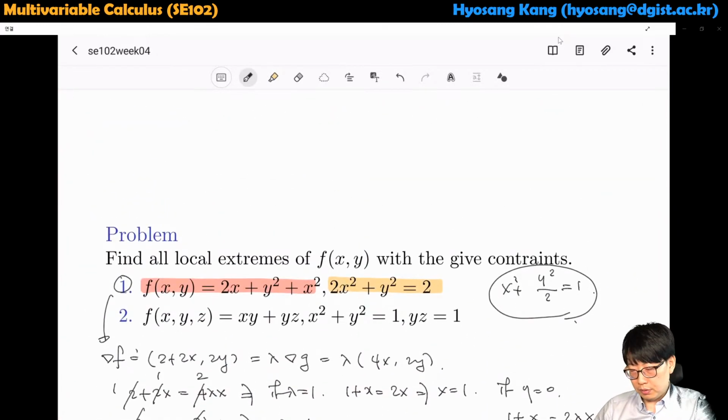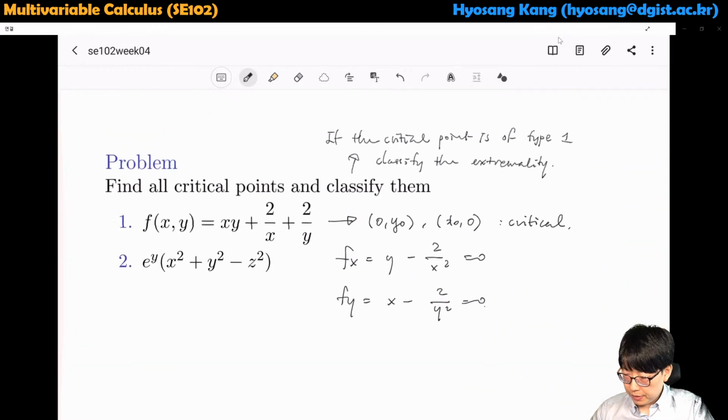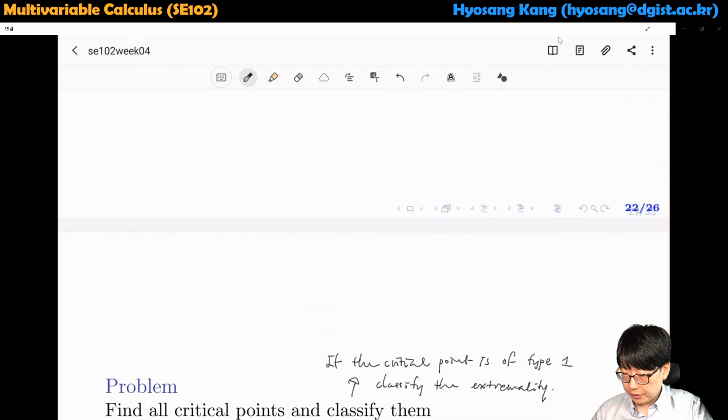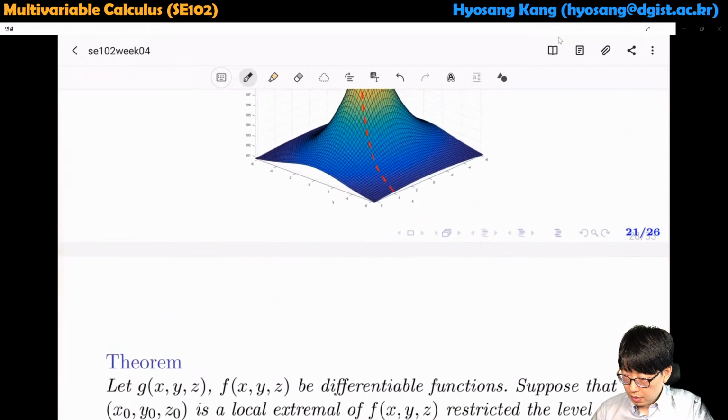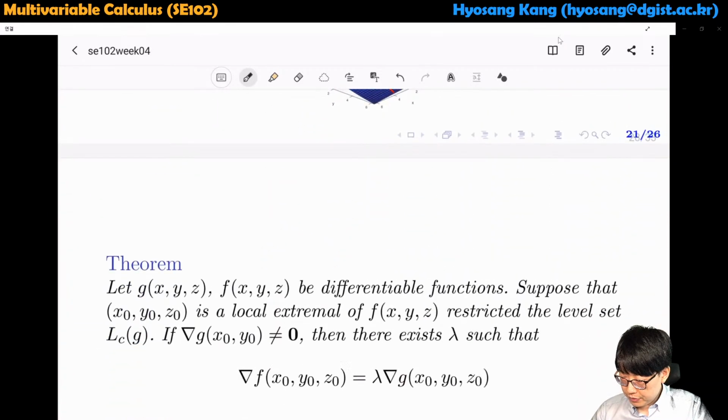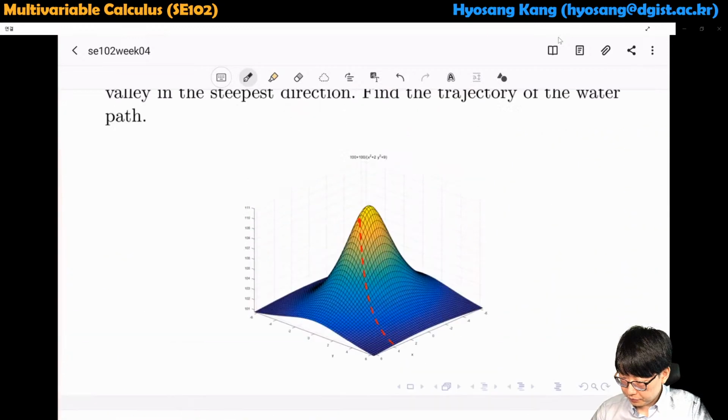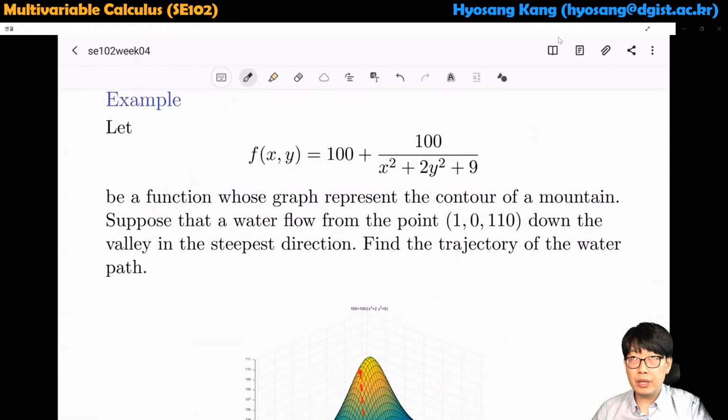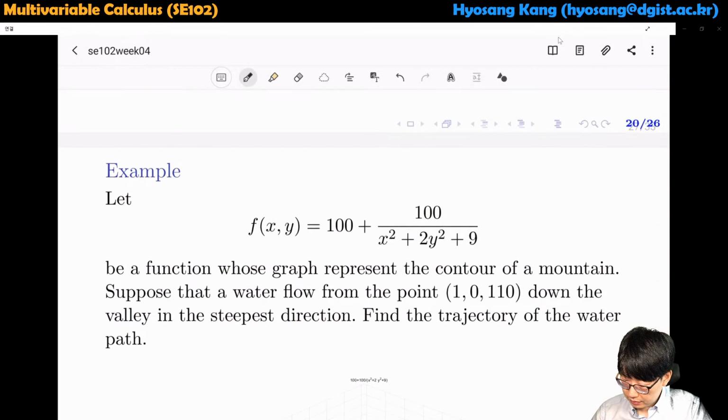So are we comfortable finding local extremals here? Because I'm trying to explain why this kind of method works. We're going to talk about the three-dimensional version later, maybe the week after, next week.